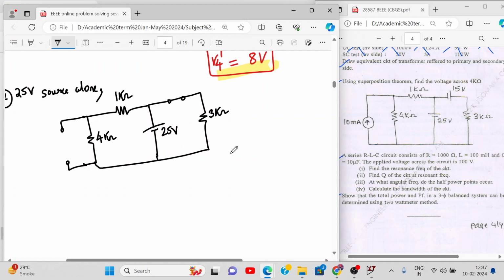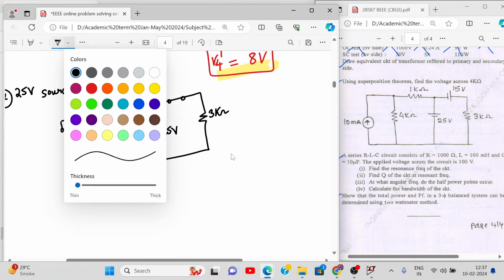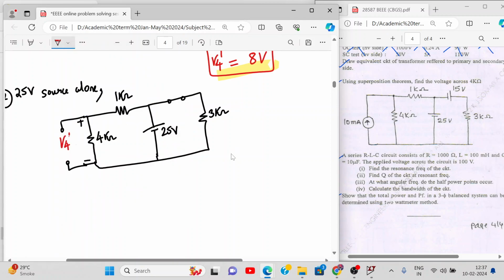Tell me. I'm waiting for your answer. We want voltage across this, V4 double dash. Yeah, how do we do this? Come on.